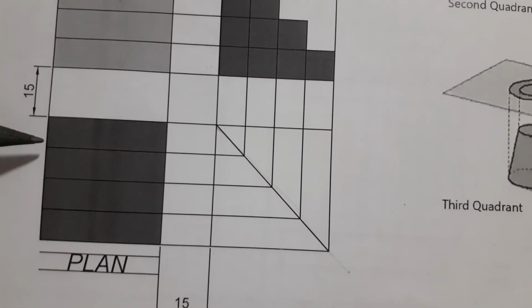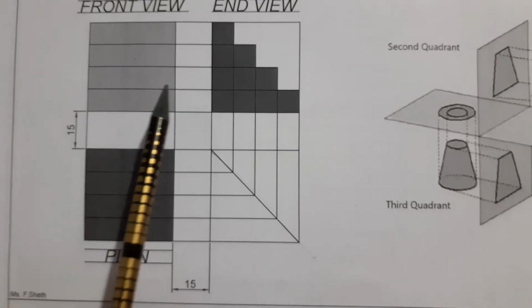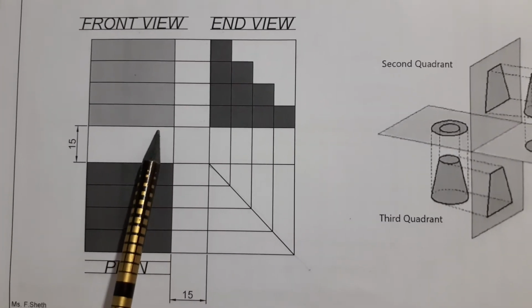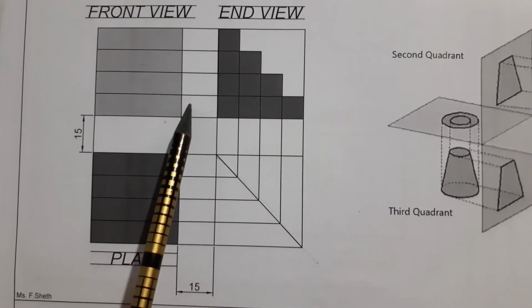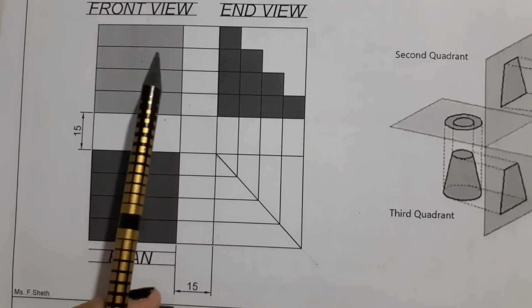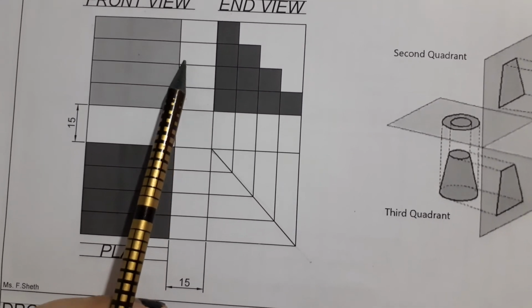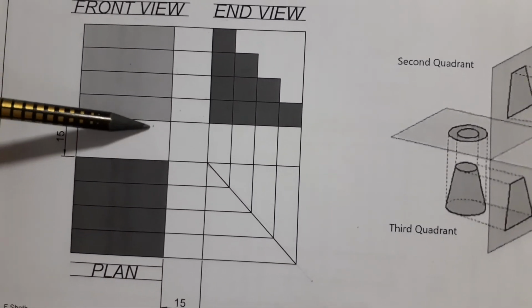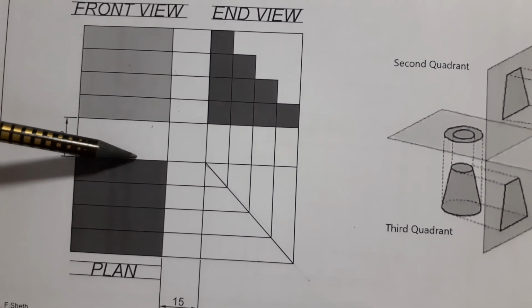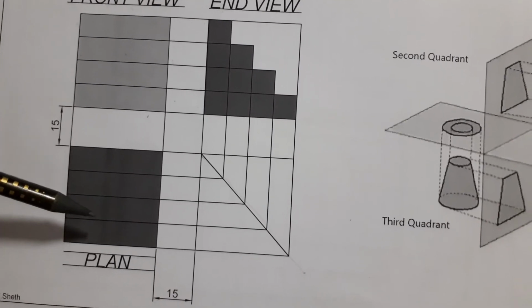Okay? Now as you can see, between each view, I have a spacing. That spacing is always 15 millimeters over here and always 15 millimeters over here. Okay?